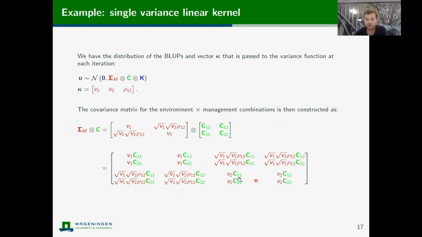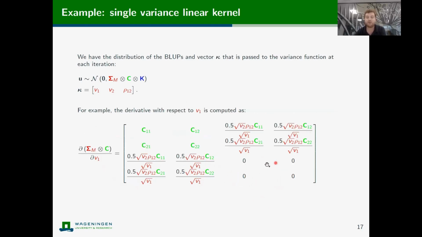So in the bottom right corner, we don't have V1, so those are going to be 0, and the other ones are going to be some derivative. We also need to compute the derivative with respect to V2, and also with respect to the correlation between management 1 and management 2.